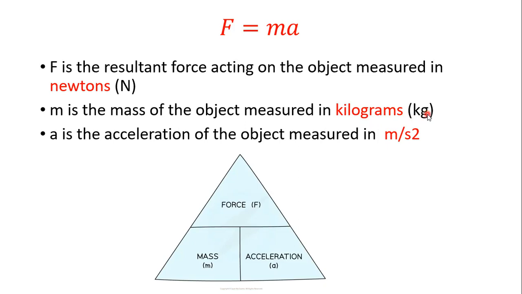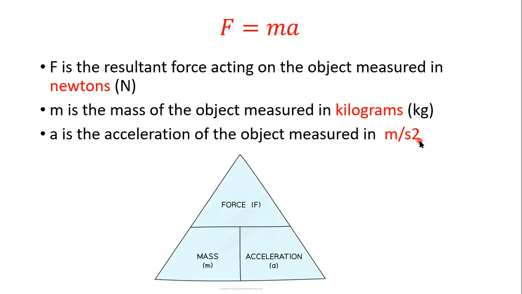If you have been given grams, you have to convert that to kilograms before you start calculating, because the SI unit of mass is kilograms. And then we have a, the acceleration of the object, measured in meters per second squared.